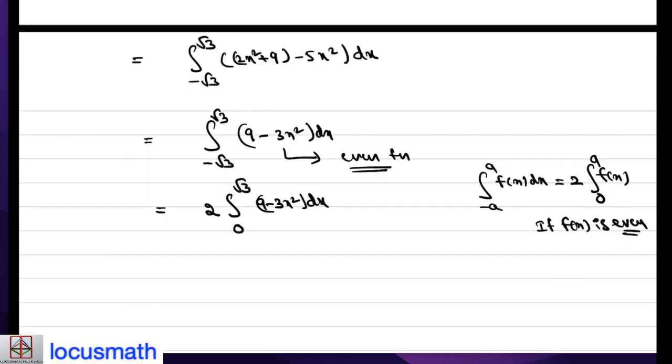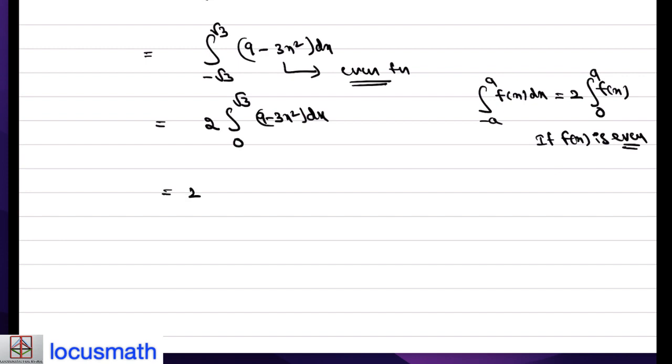Now if you integrate, 2 times the integration of 9 dx is 9x minus the integration of 3x square, which is 3x cube by 3, cancel, this is x cube, with limits from 0 to root 3. So this is equal to 2 times, if you substitute the upper limit, 9 root 3 minus root 3 cubed, that is 3 root 3, minus 0 for the lower limit.